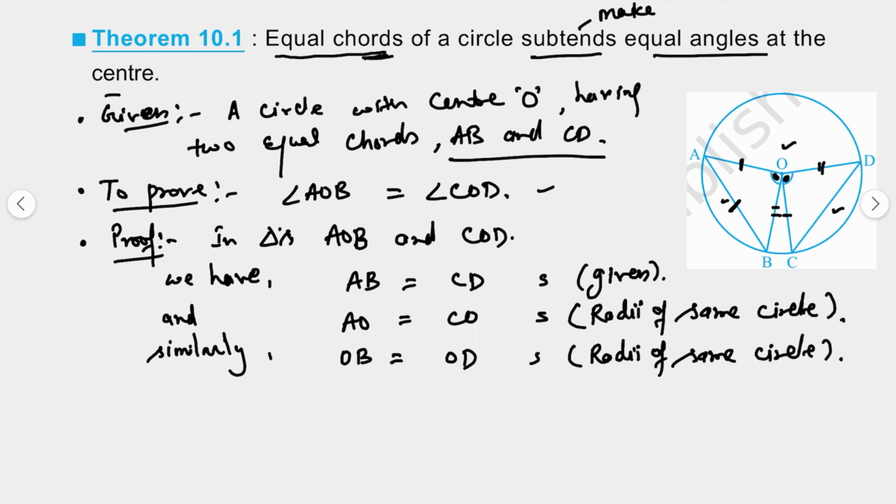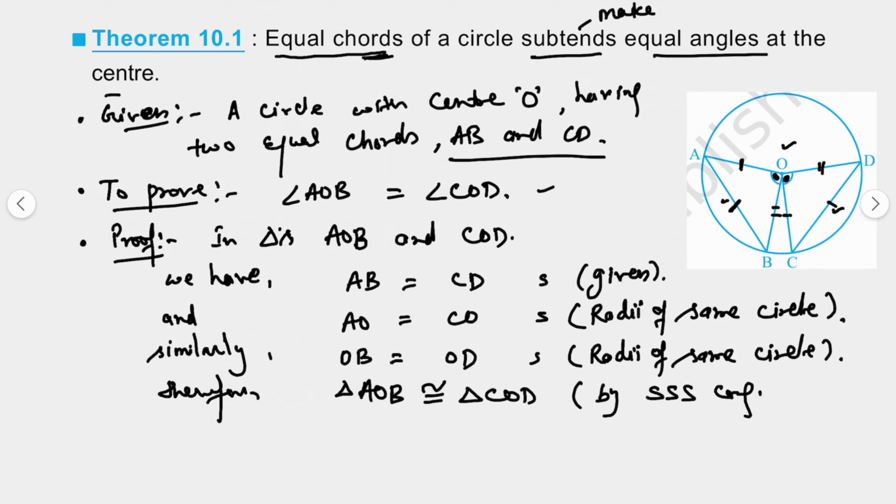So what we got here is that the three corresponding sides of the two triangles are equal. So we'll write, therefore, triangle AOB is congruent to triangle COD. This is by the side-side-side congruence rule.